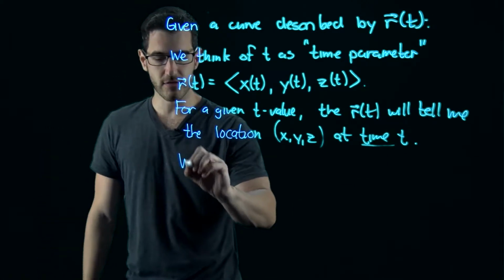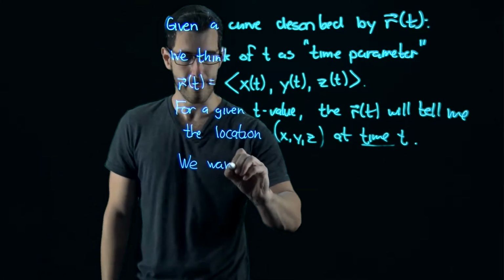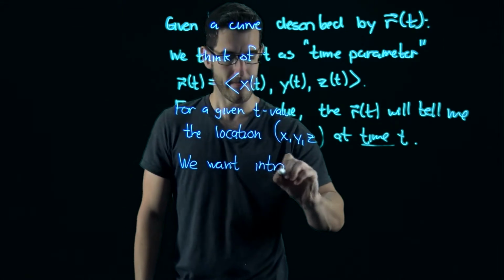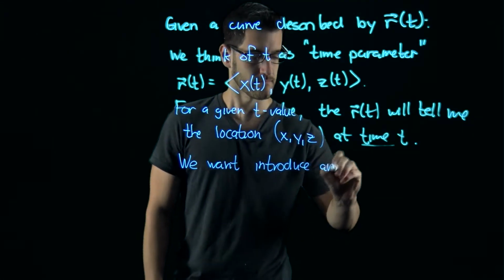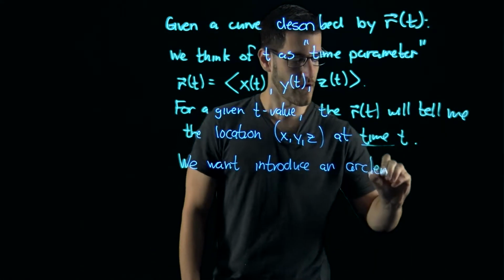So we want to introduce a new parameter, which we'll call the arc length parameter.